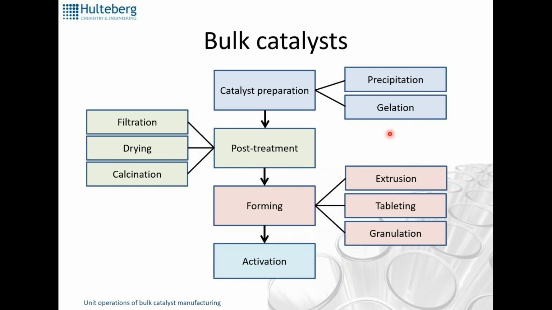Then we send it to some kind of post-treatment. It's usually filtration, drying, and calcination. And then we end up with a finished powder, but that powder can't be used in an industrial type reactor. So we go into a forming unit operation.